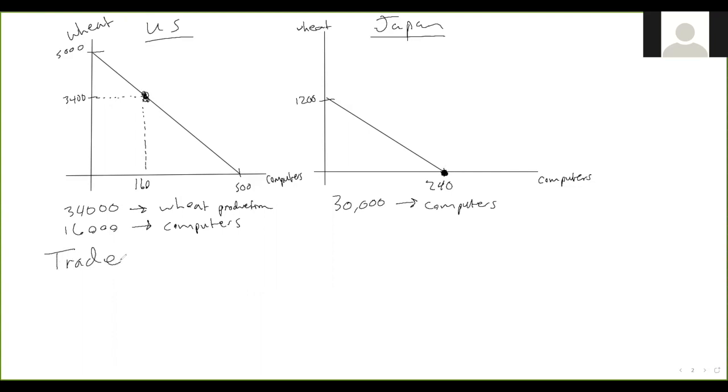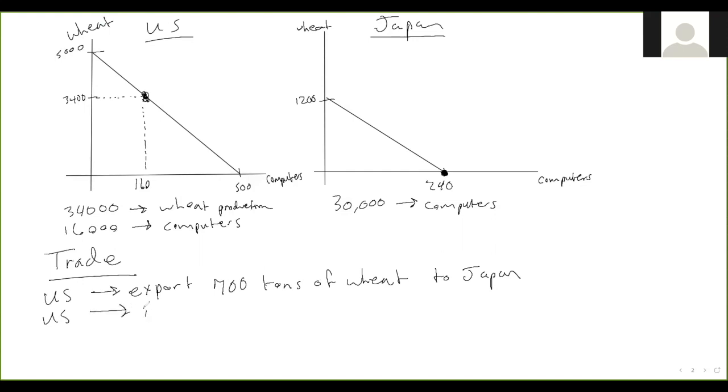And now let's assume some trading takes place. So the US is going to export 700 tons of wheat to Japan, and they are going to import 110 computers from Japan.